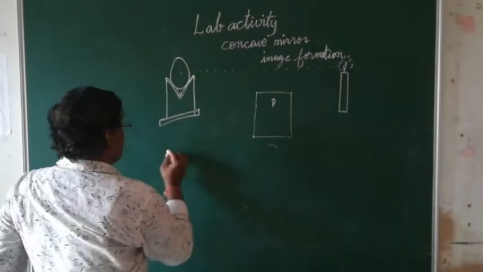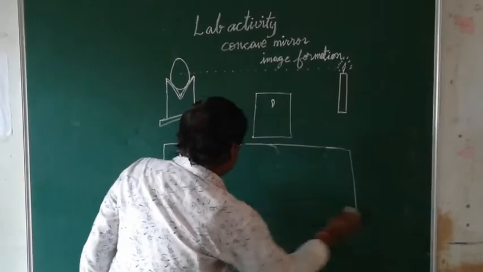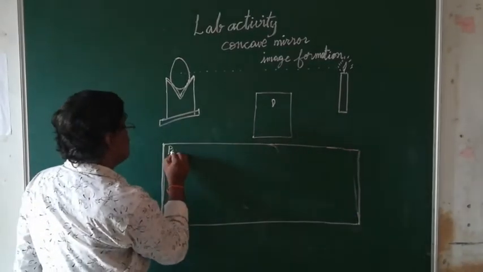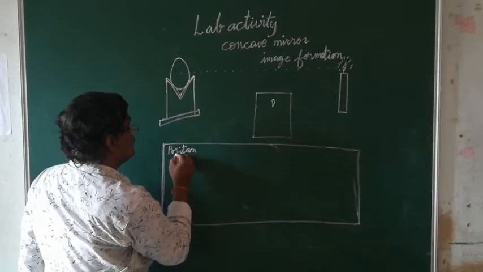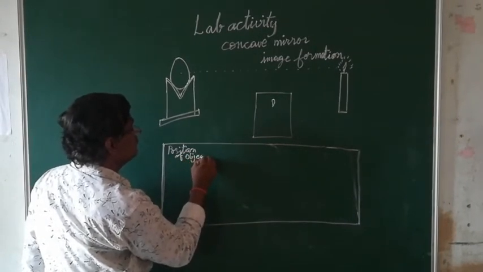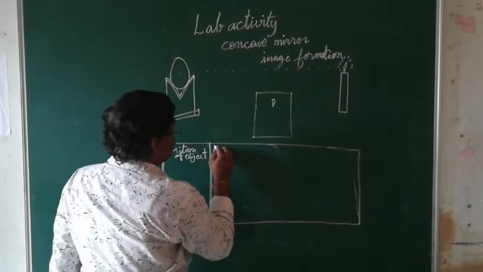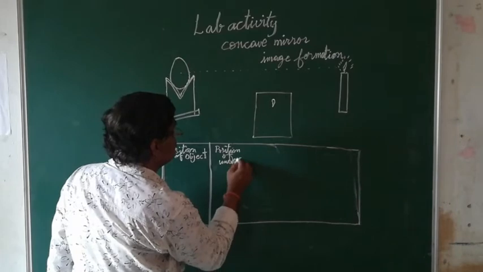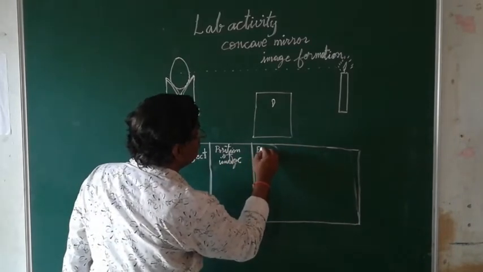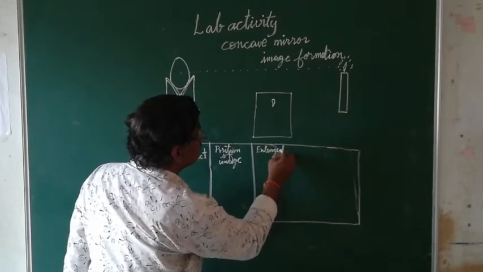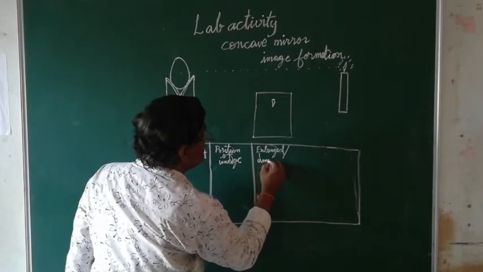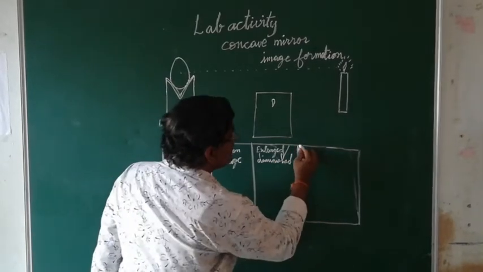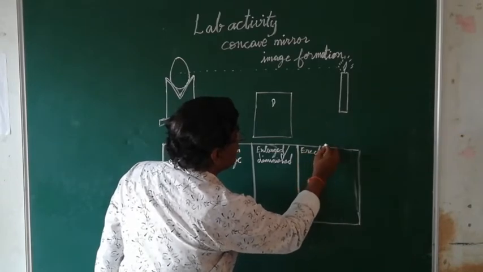In the table we can have the different positions: position of object, position of image, whether it is enlarged or diminished, whether it is erect or inverted.